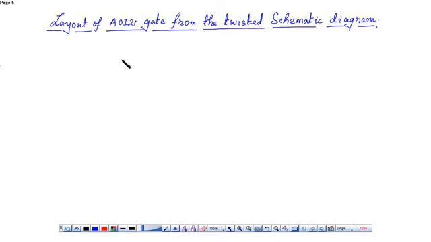The first 2 PMOS were in parallel with the third PMOS. The first 2 NMOS were in series and they were parallel with the third NMOS. So after seeing the twisted schematic, let's draw the layout. So at first you have to draw the N-well.